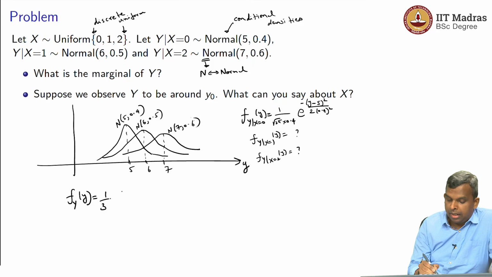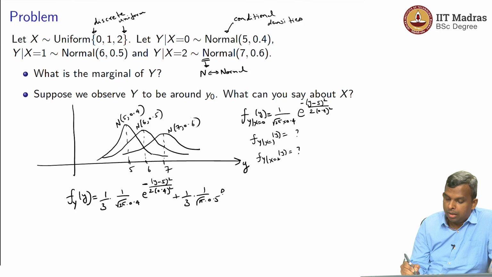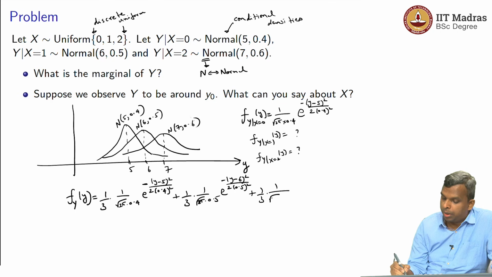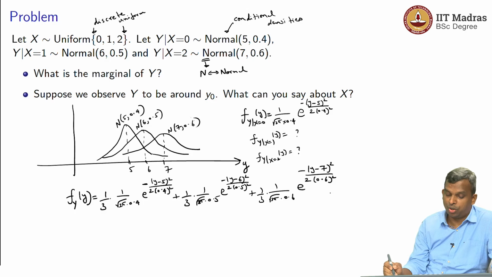So 1 by 3 times 1 by root 2 pi times 0.4, e power minus (y minus 5) squared by 2 times 0.4 squared, plus 1 by 3 times 1 by root 2 pi times 0.5, e power minus (y minus 6) whole squared by 2 times 0.5 squared, plus 1 by 3 times 1 over root 2 pi times 0.6, e power minus (y minus 7) whole squared by 2 times 0.6 squared. So this is the marginal distribution of y.